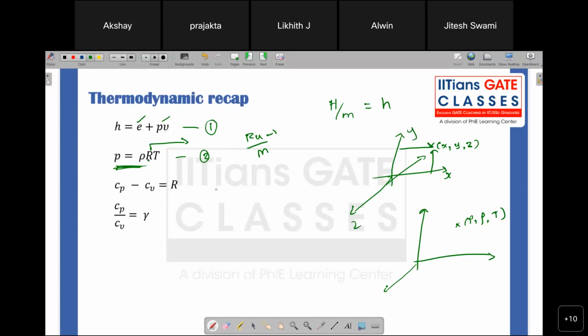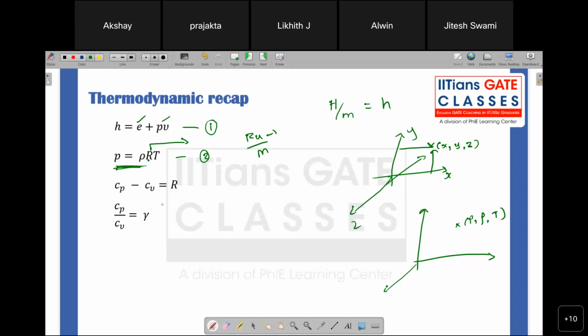Cp is the specific heat at constant pressure, whereas Cv is the specific heat at constant volume. For any gas particle, this relation should hold good, irrespective of whether it is a perfect gas, a calorically perfect gas or a thermally perfect gas.